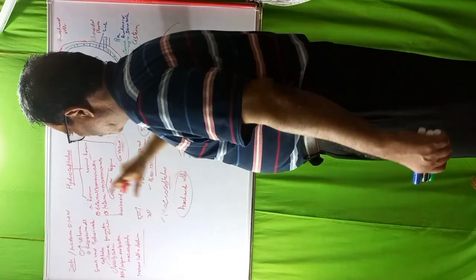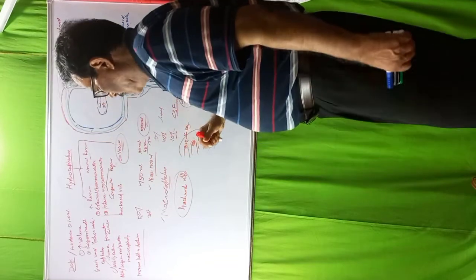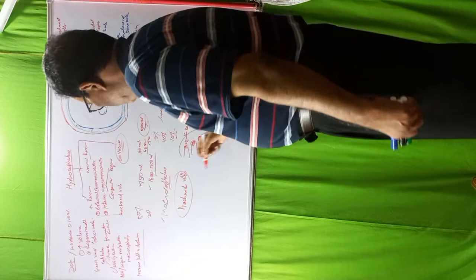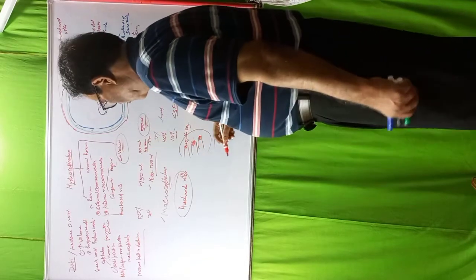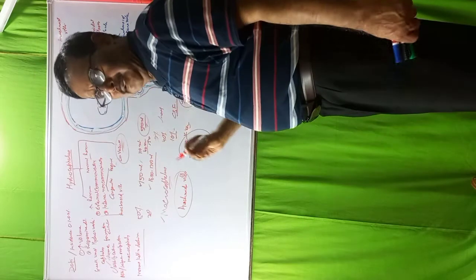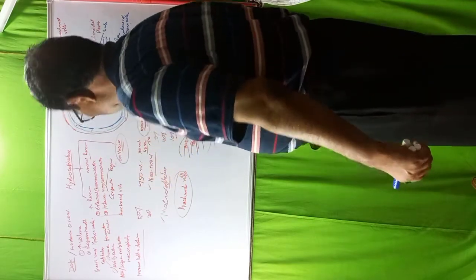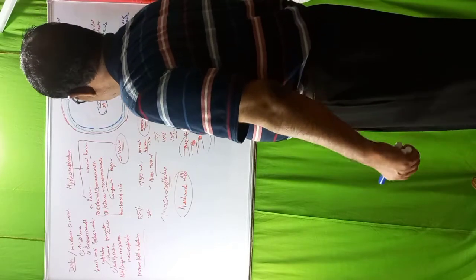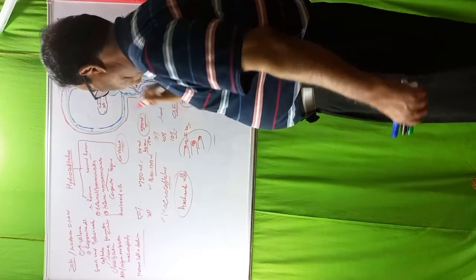So this is the definition, and there are two or three things we must know before going to the classification. Usually 150 ml of cerebrospinal fluid is present in the ventricles and subarachnoid spaces.